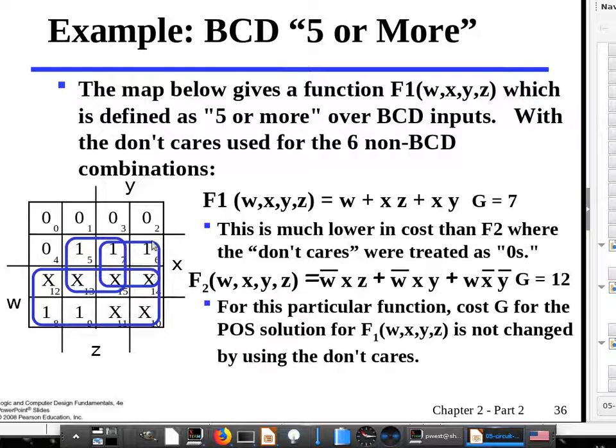Also, it allows us to extend these two prime implicates down as well and simplifies those additions as well. In other words, we're allowed to have 7 gates up here as opposed to 12 down here, which is what we'd have if we didn't have any don't cares in our circuit.